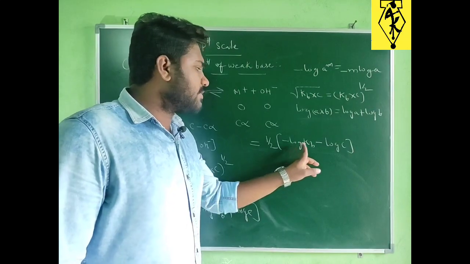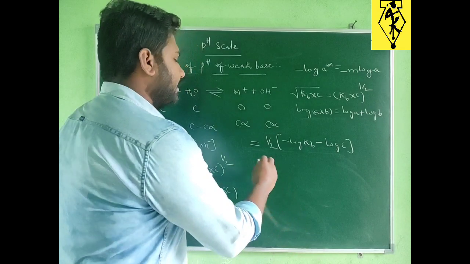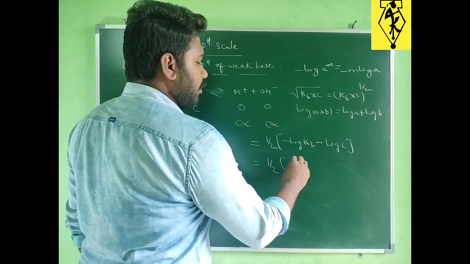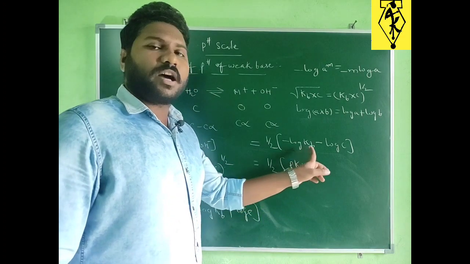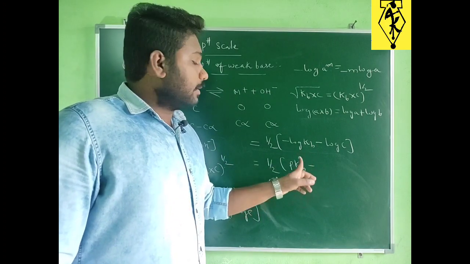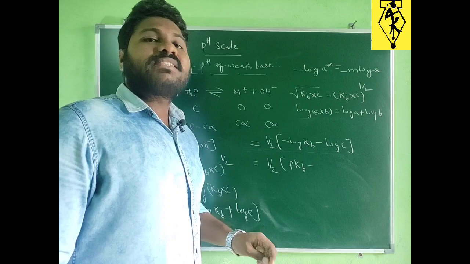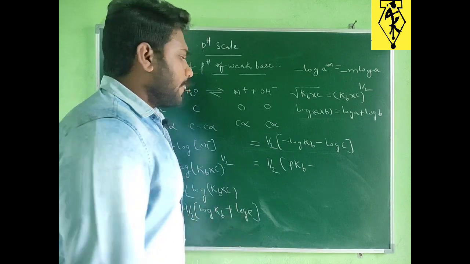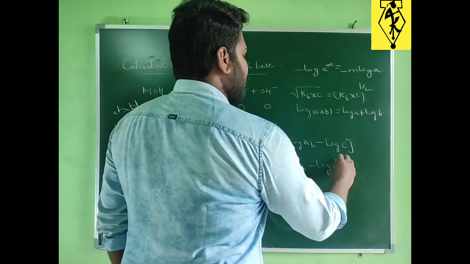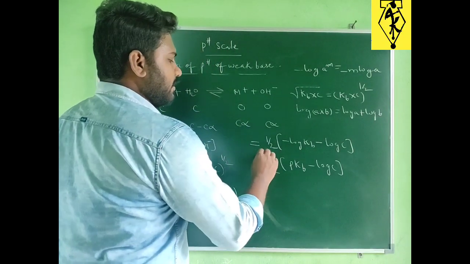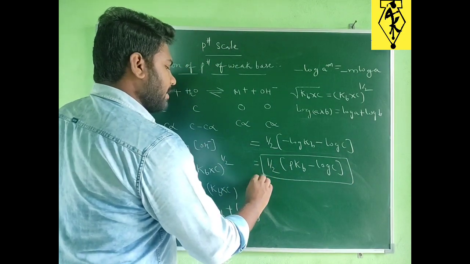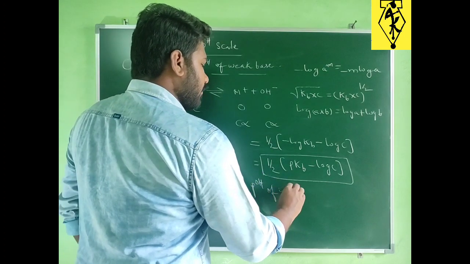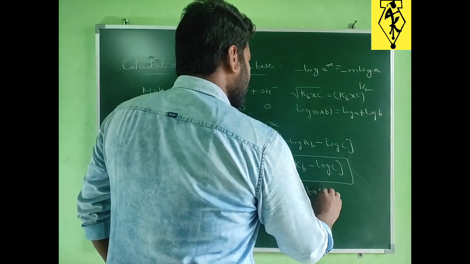So instead of this minus log Kb, I am writing pKb, because pKb is equals to minus log Kb. It is very similar to pH is equals to minus log H plus ion concentration, no? Right. So minus log C. So this is the equation to calculate pOH of weak base.